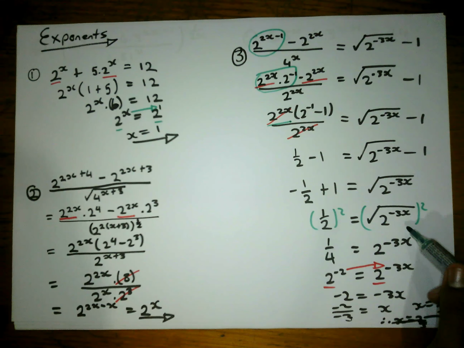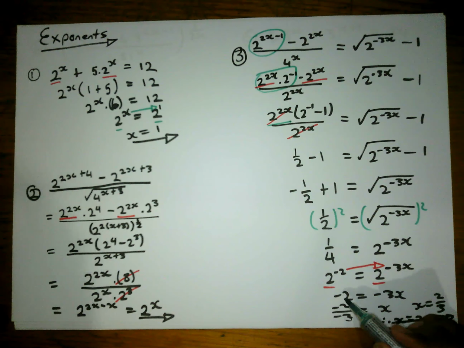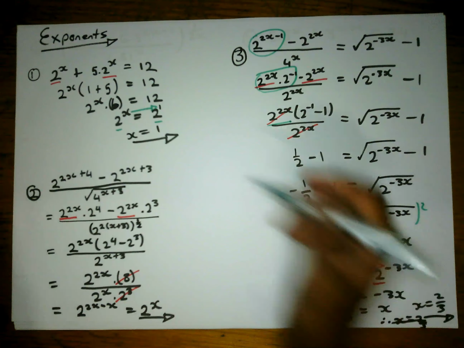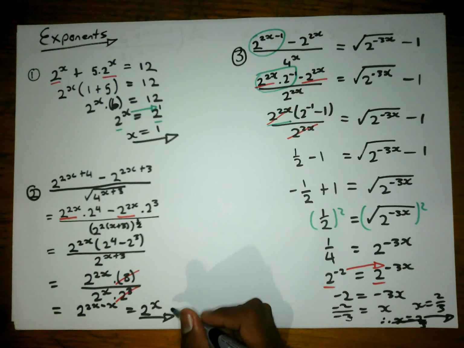Then here we square both sides because we have a square root. And then eventually you must always set equal to each other. So this question is solve for x. This one here is to simplify the exponents.